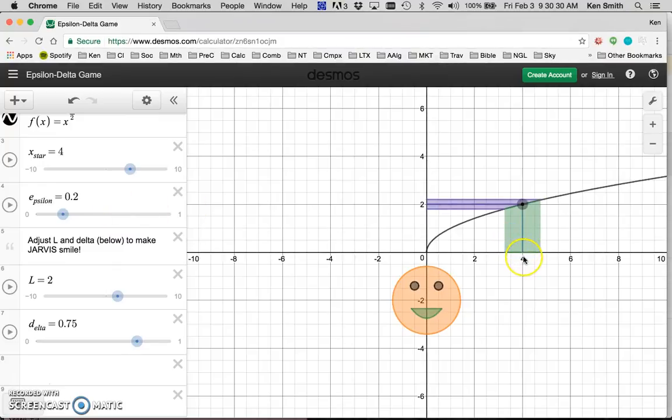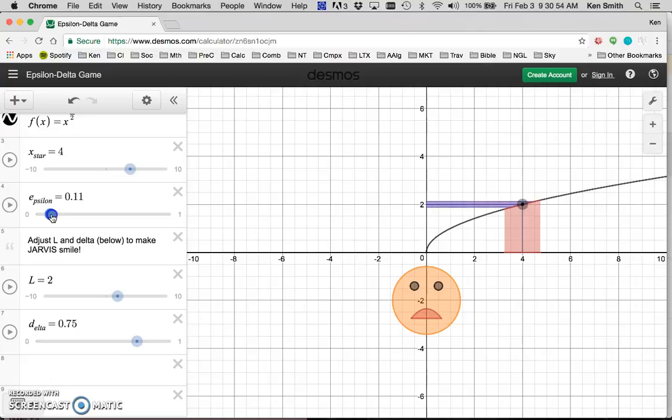What this means is, in demonstrating that the limit as x goes to 4 gives y value 2, if you tell me that your tolerance on the y-axis is 0.2, this gives me the purple band, then as long as I am within 0.75 of 4, we're good. All right. One more example. Let's pull epsilon down to 0.1.